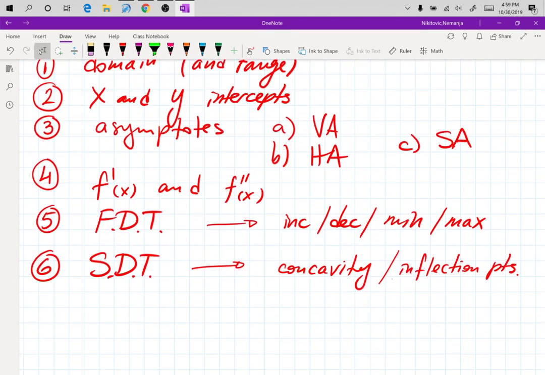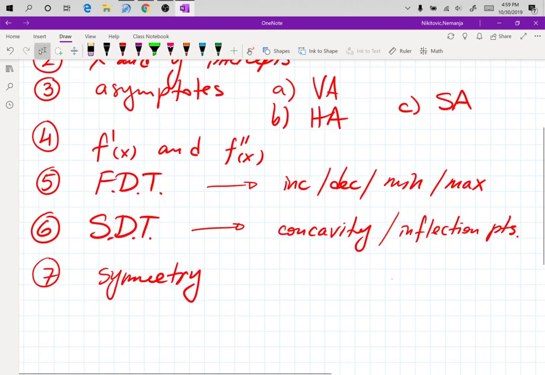There are other things that you guys can look into. If this stuff is not enough, you can look at symmetry. Not too often, maybe not, right? And additional points.